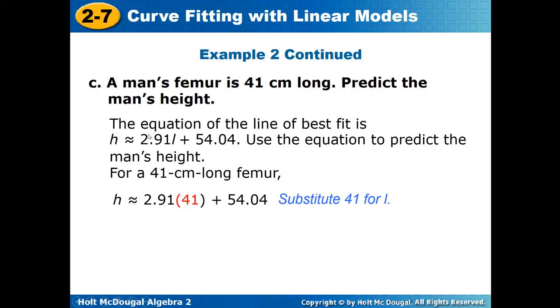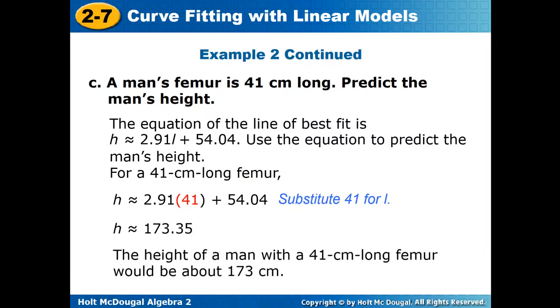H equals 2.91x plus 54.04. That's the equation to predict the man's height. So it says if his femur is 41 centimeters long, we just put that in our X. And when we substitute and do the algebra, we come up with H equals 173.35. So our conclusion is the height of a man with a 41 centimeter long femur would be about 173 centimeters tall.